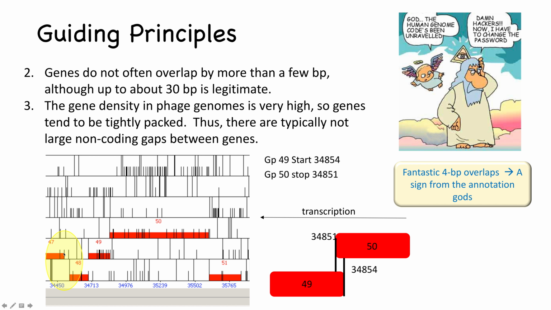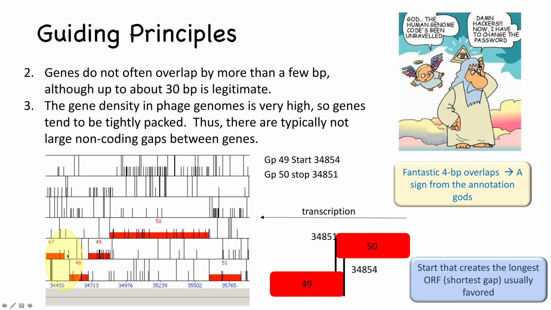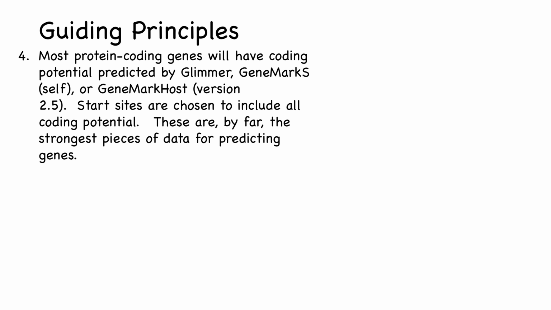Clearly the Glimmer and GeneMark programs chose this one, but this is a situation where I'm willing to bet that Glimmer and GeneMark are probably wrong. The start that creates the longest open reading frame and the shortest gap is usually the favored start. That's not always true, but it's most often true.